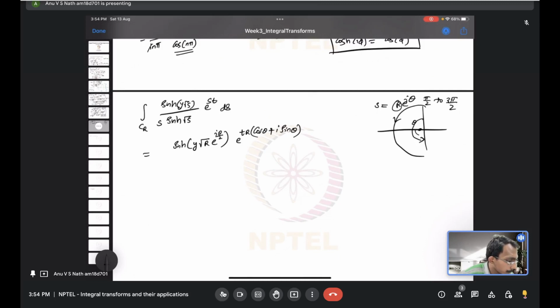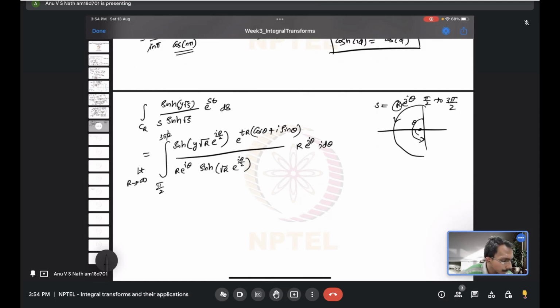Now ds will be r into e raised to i theta, i into d theta, divided by again s, which is r e raised to i theta, sinh root s, which is root r e raised to i theta by 2, where theta is going from pi by 2 to 3 pi by 2. We want this in the limit of r tending to infinity. You can see here this r and this r e raised to i theta we can cancel.